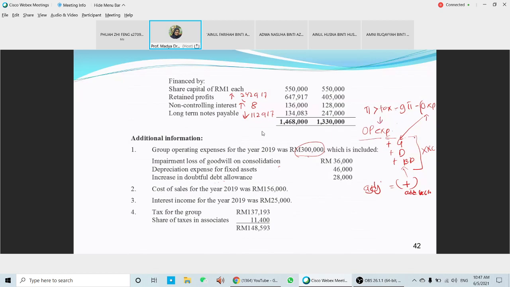To make an adjustment, we need to add back to this profit. Cost of sales was 156. Okay, 156 for this one for the cost of sales. And the interest income 2019 here is 25. Tax here for the group, and then for the associate, this amount for group will be different. This one is for the associate.